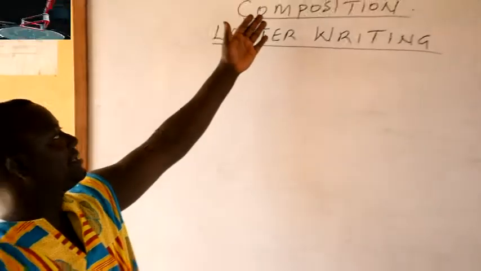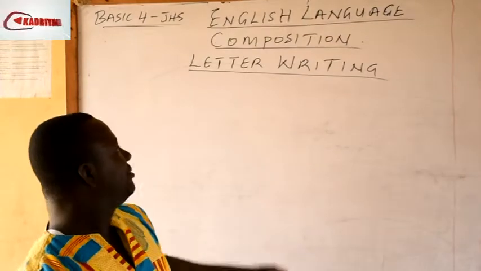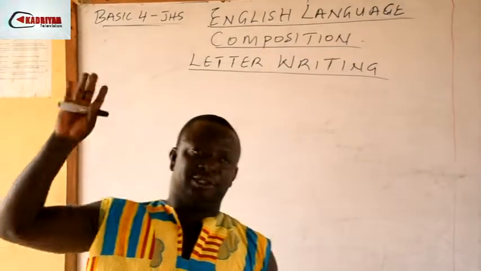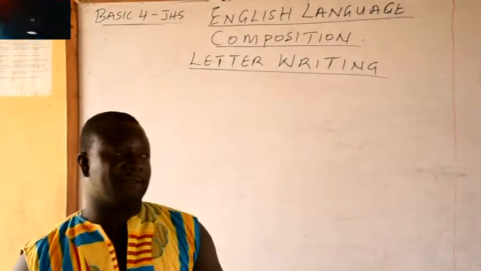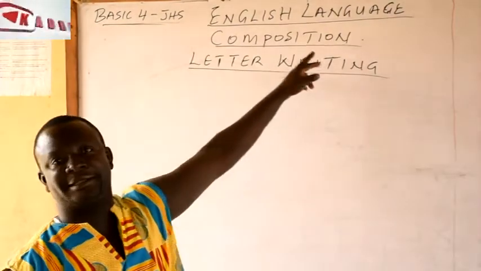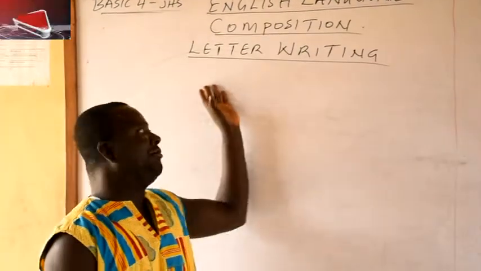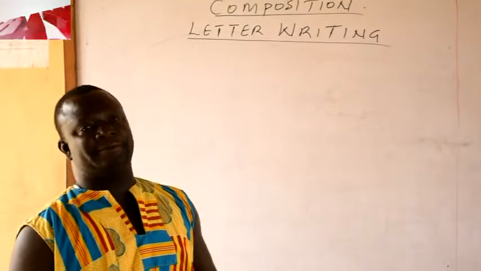Now today we are going to look at English language, and our strand is, or in the olden days we say aspect, now we say strands. So our strand is composition, and then the sub-strand we have letter writing.